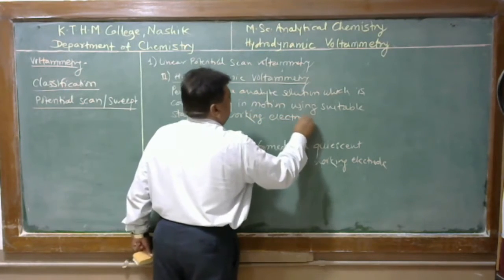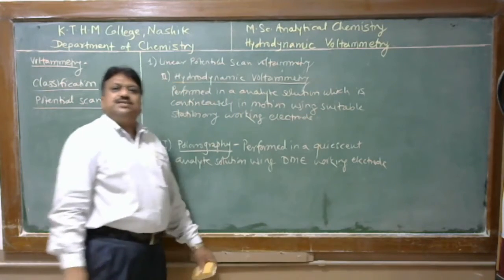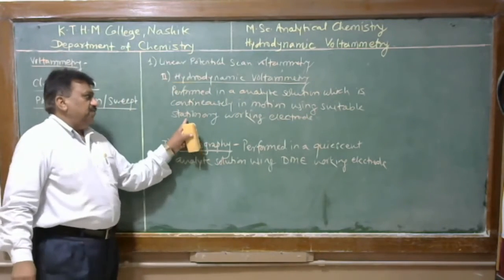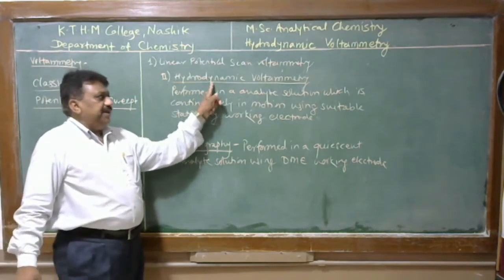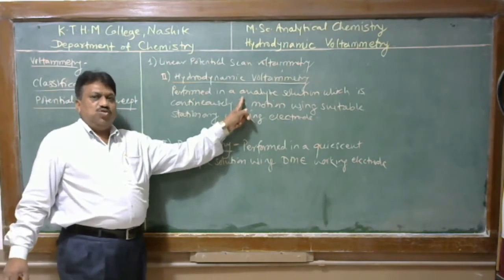Stationary means it is stable, having a fixed surface area. Therefore, a stationary working electrode. Here in hydrodynamic voltammetry, the analyte solution is continuously in motion.